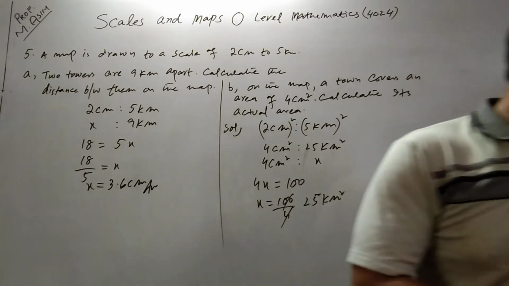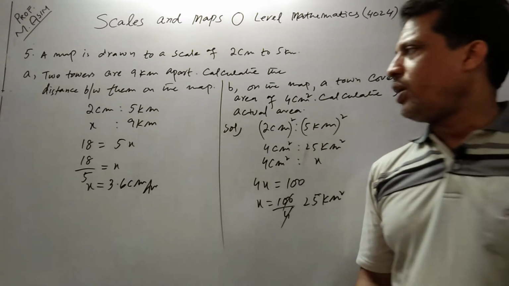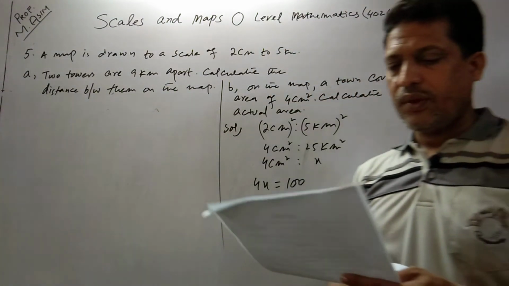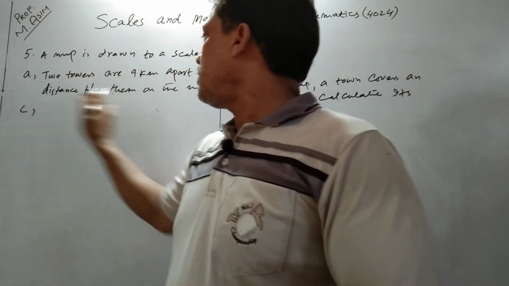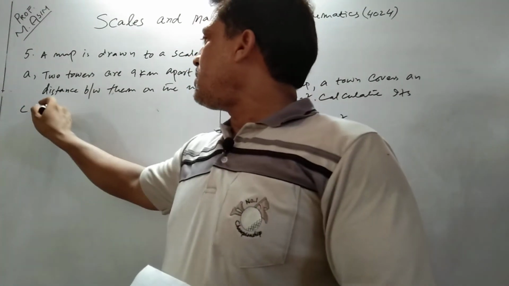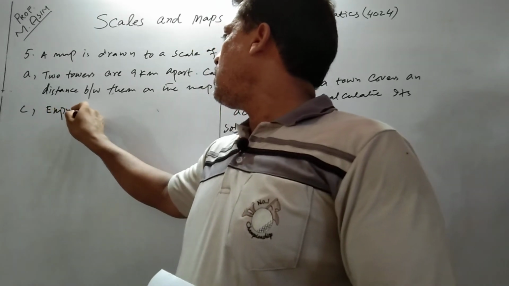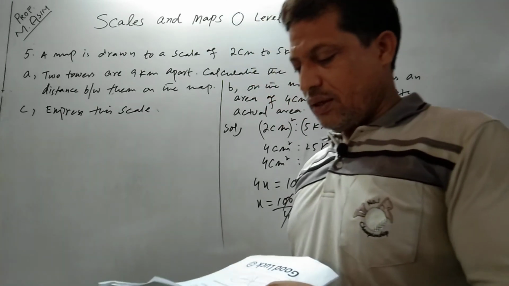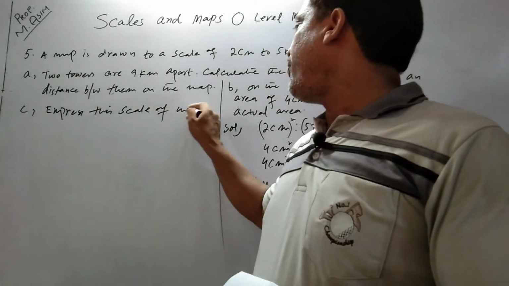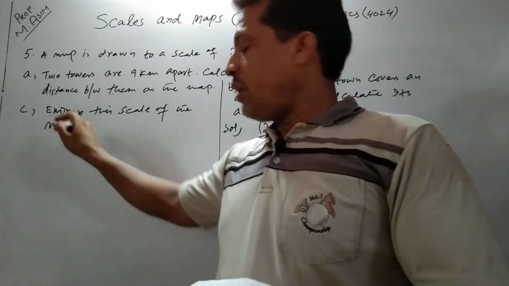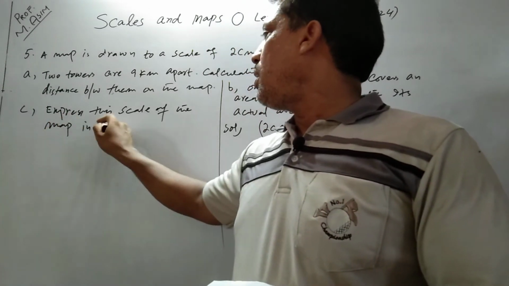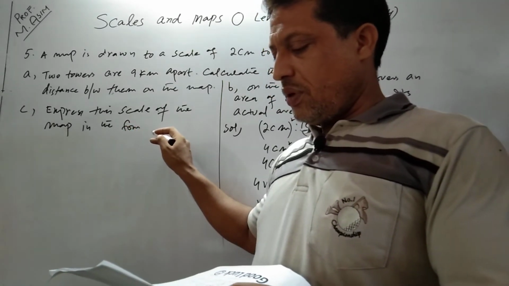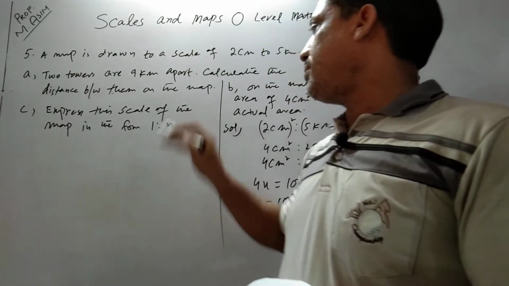Part C. What is part C of this question number 5? Part C is express this scale of the map in the form 1:n.